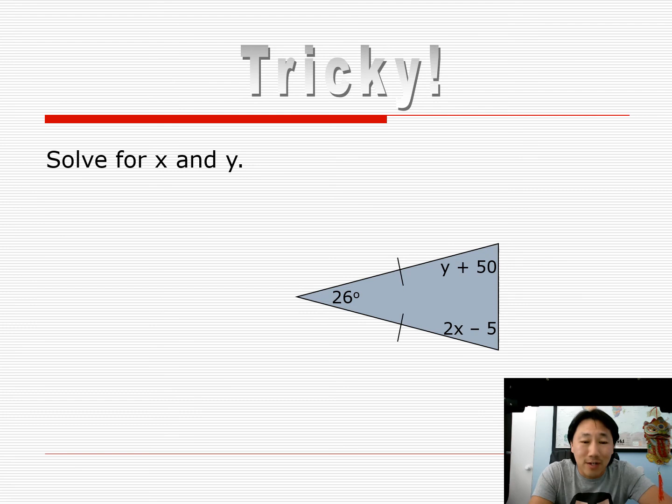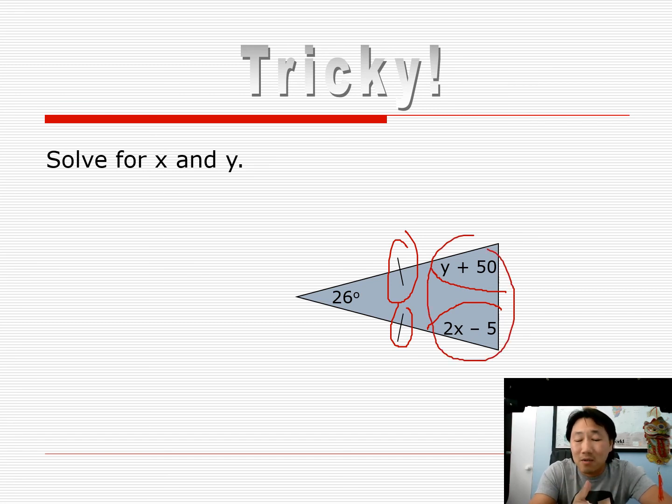This one says tricky. Solve for x and y. Why is it tricky? Same picture, now I'm just laying it down sideways. We have an isosceles triangle. That means that these two angles are equal. But that doesn't really help us, because if we set them equal to each other, you're going to have 2x minus 5 equals y plus 50.